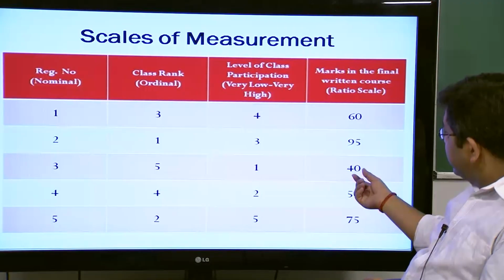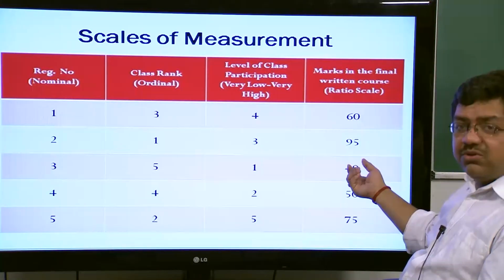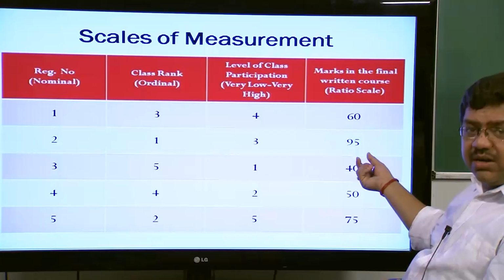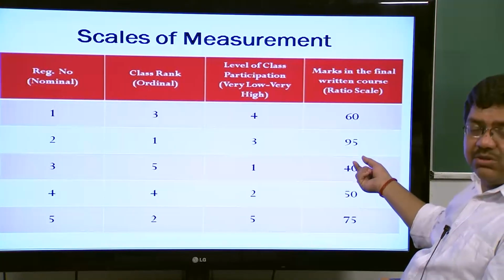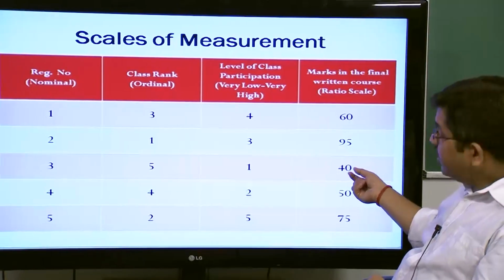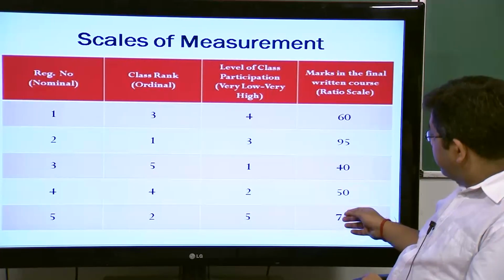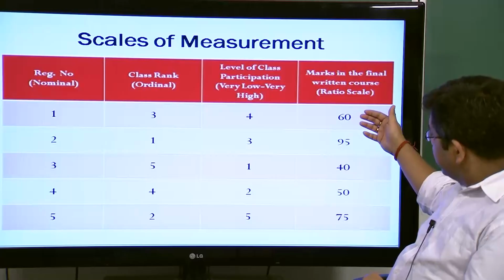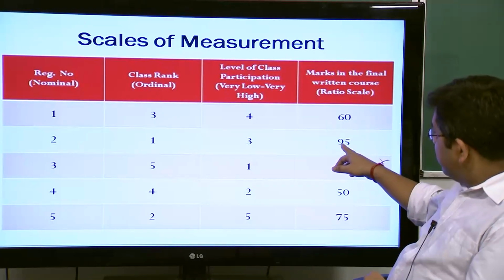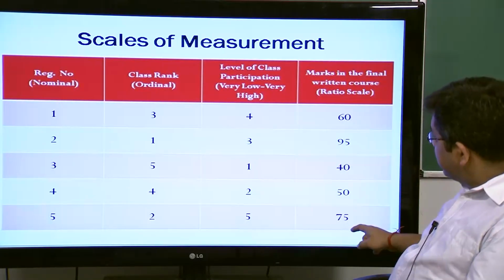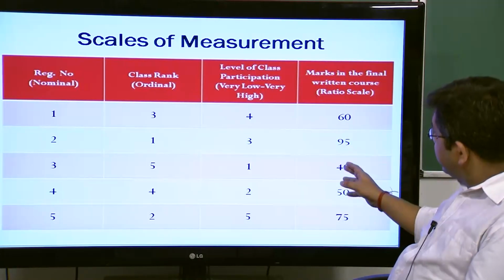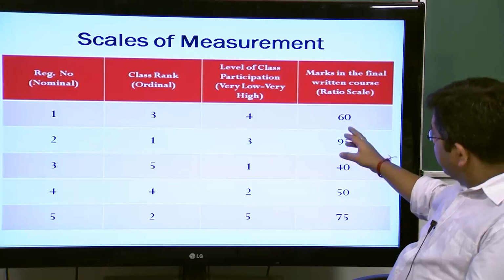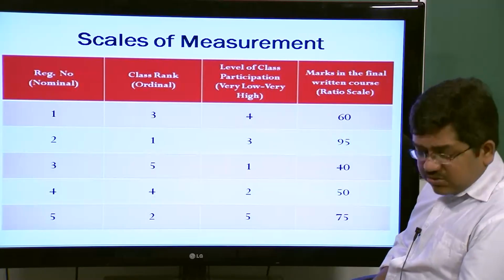You can clearly understand what 0 is. 0 means in this case that the student has not answered any questions correctly. From there you can understand that this student 2 has probably done the best in the class, and then you have this student 5, and you can clearly understand the difference among the students here.